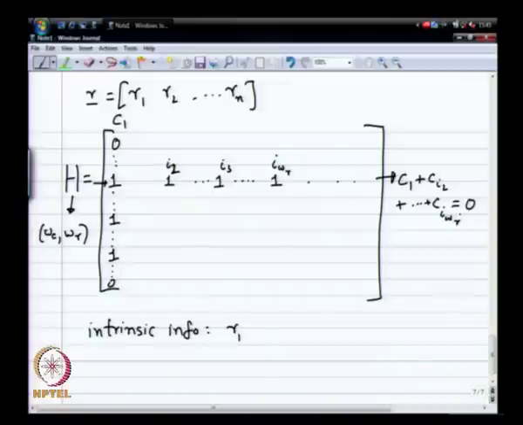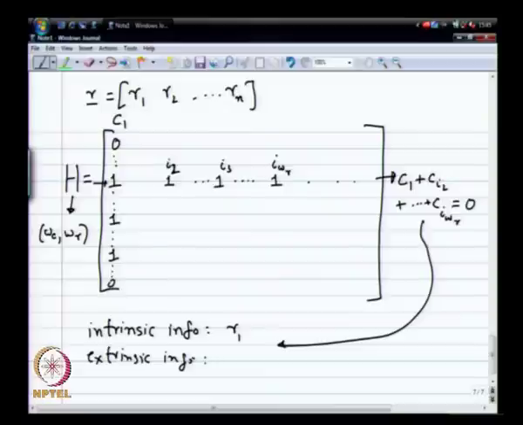Remember these are all hard decisions now. When it was soft decision, I had to worry about probability and all that. When it is hard decisions, I cannot do anything more. The only thing I can say is that the extrinsic information from this equation is another estimate for C1, which is simply RI2 XOR RI3 XOR so on till RIWR.